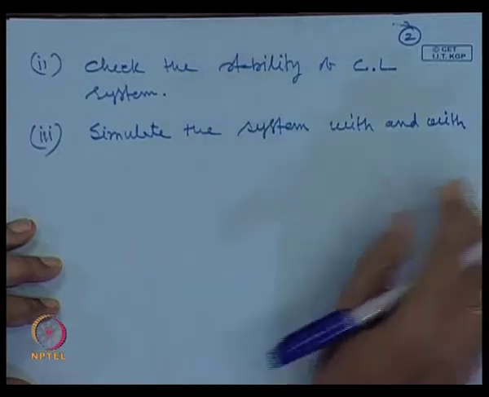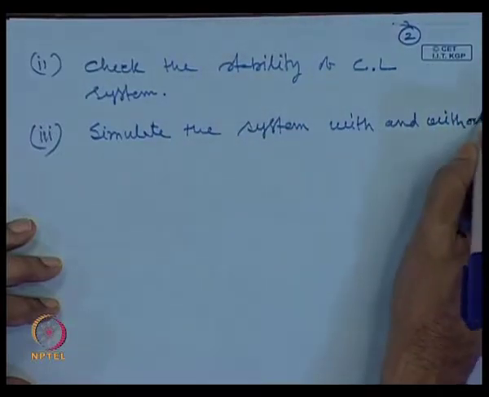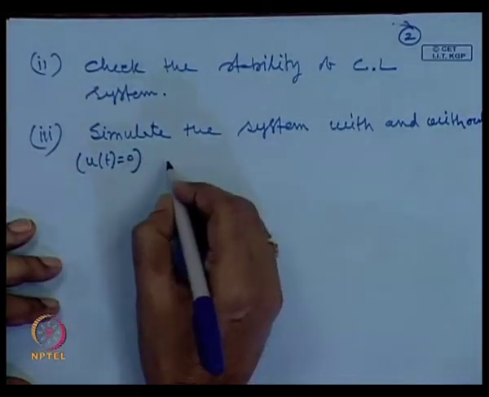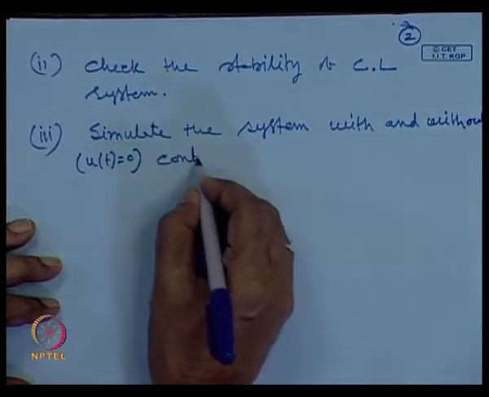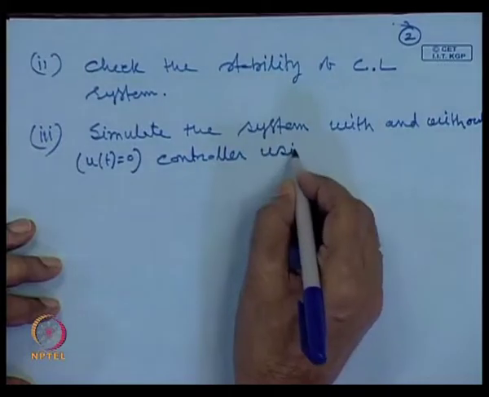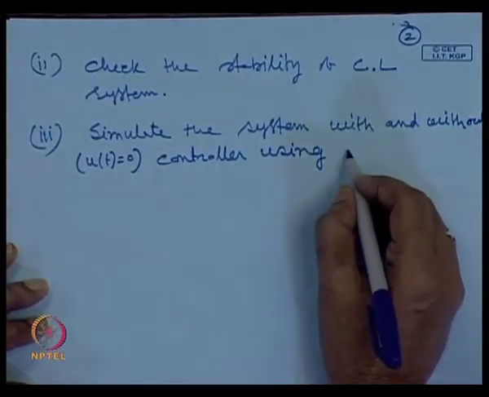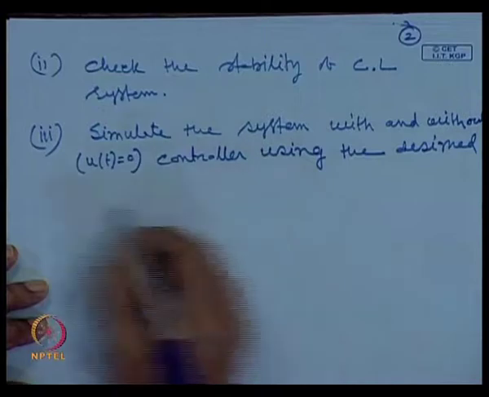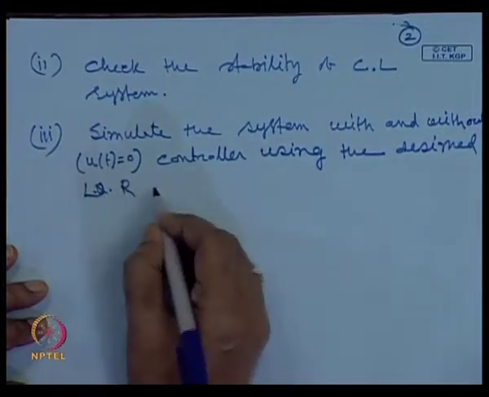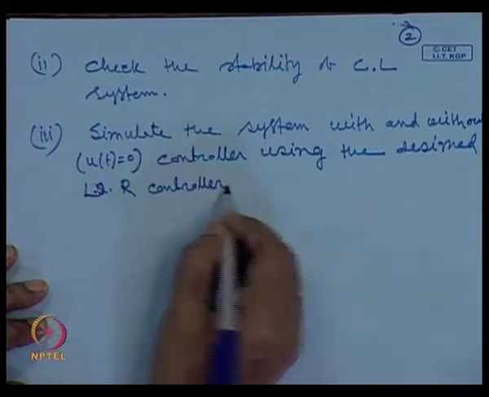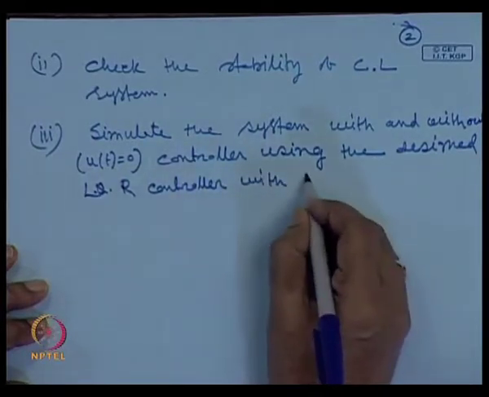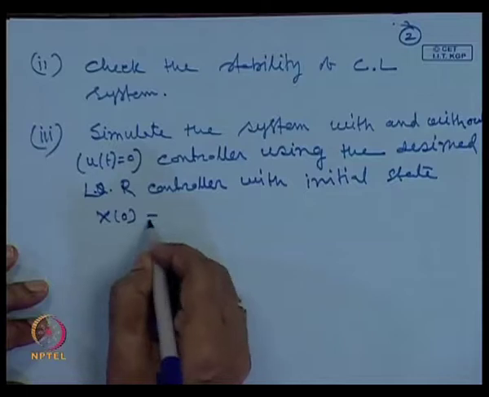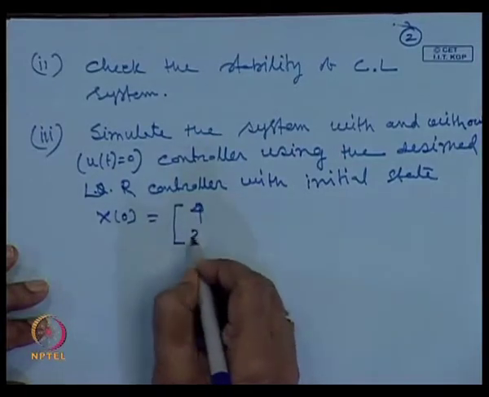With u of t equal to 0 means without controller, and with the designed LQR controller, with initial state x of 0 equal to [2, 4, 2].